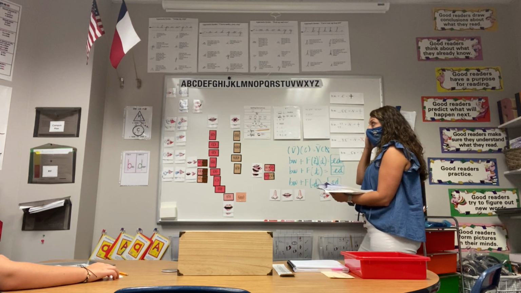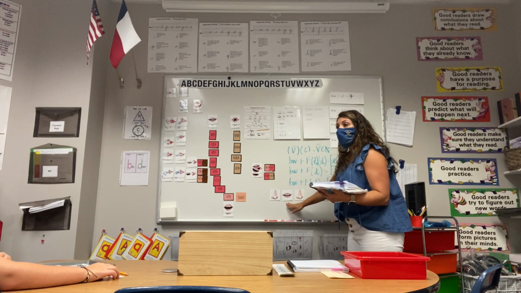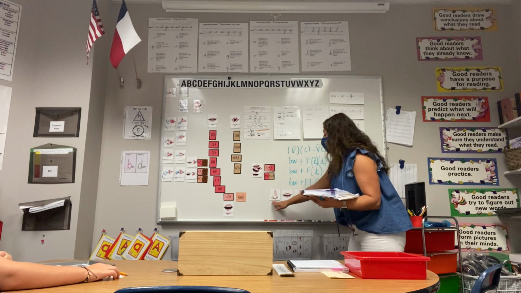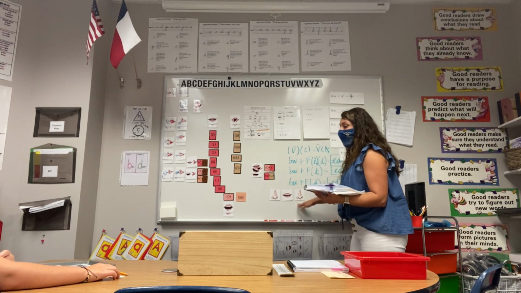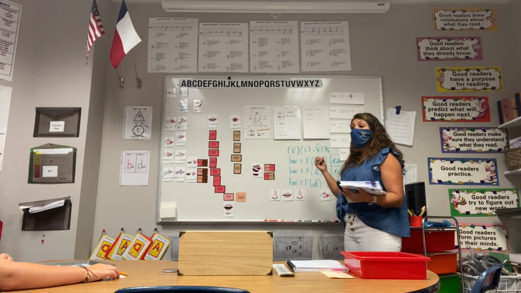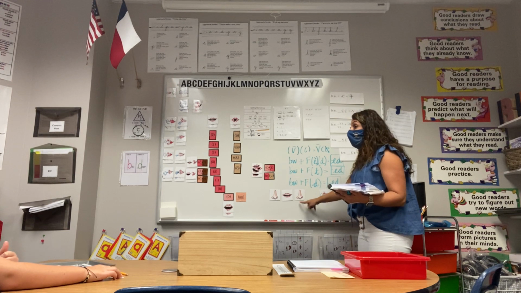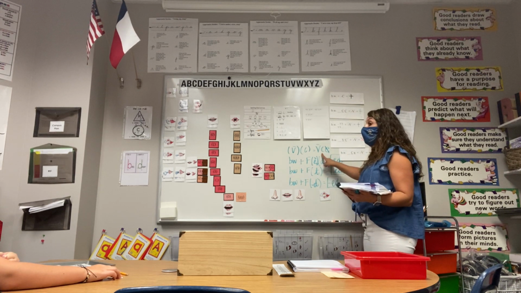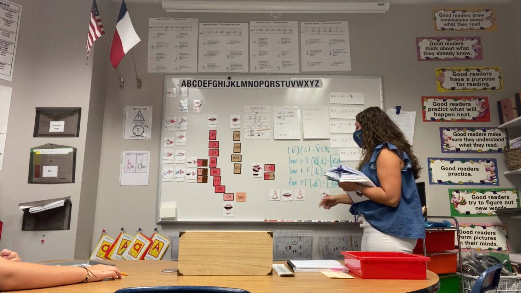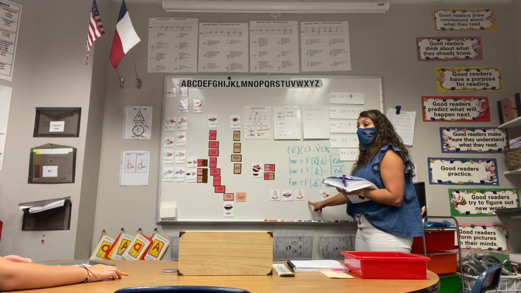Now let's think about that pattern. What kind of vowel sound do we hear? We hear a long a. So for this vowel to be long, we know if we hear a long vowel sound before a consonant sound to close the syllable, that pattern of sound is spelled vowel consonant E. So we know that there is a silent E there, right?